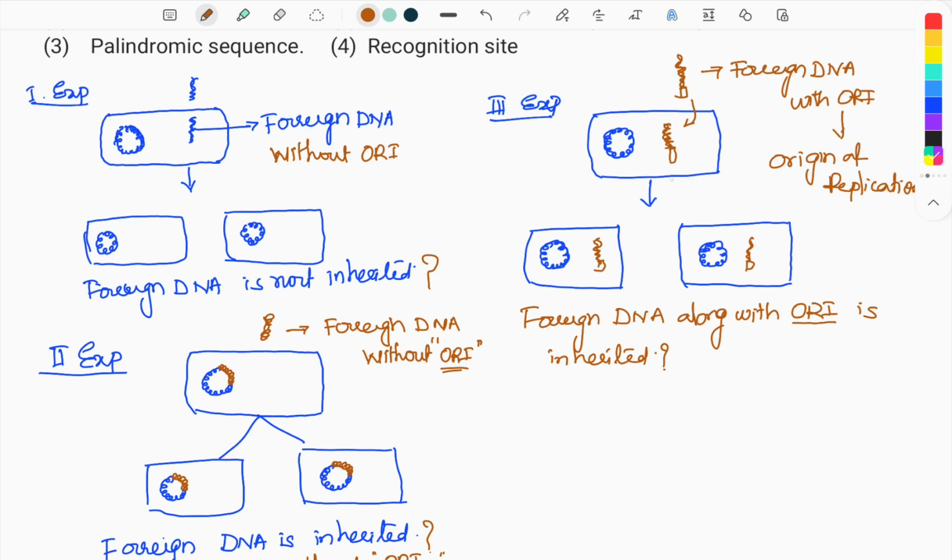So the foreign DNA, though it is not integrated with bacterial DNA, is being replicated. Though it is not attached to bacterial DNA, even then it is replicated. The reason is that this foreign DNA is having ORI here, that is, origin of replication.